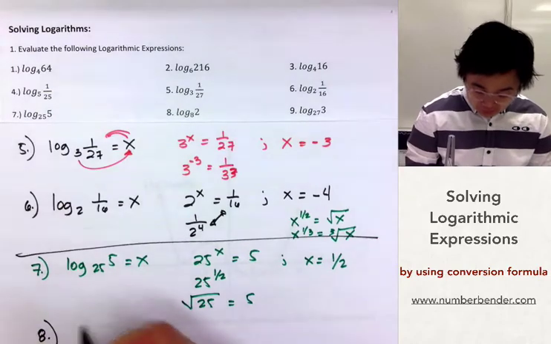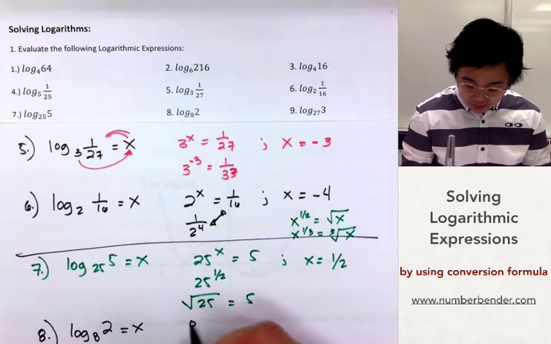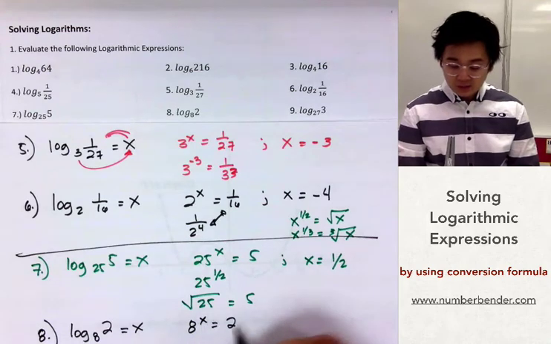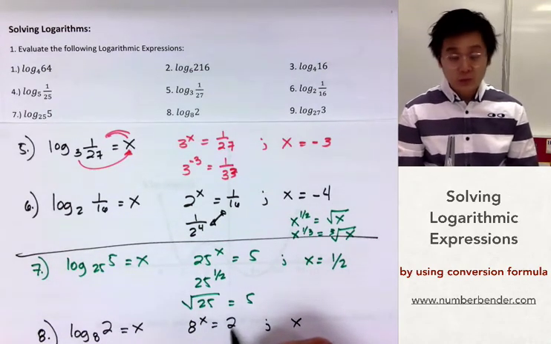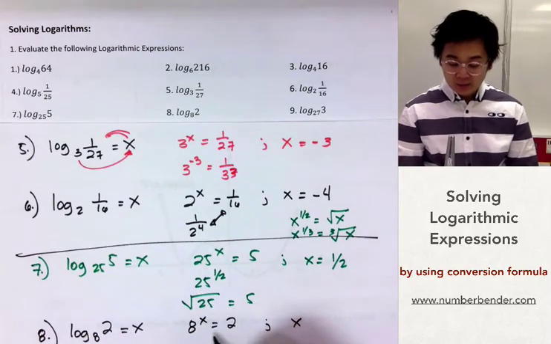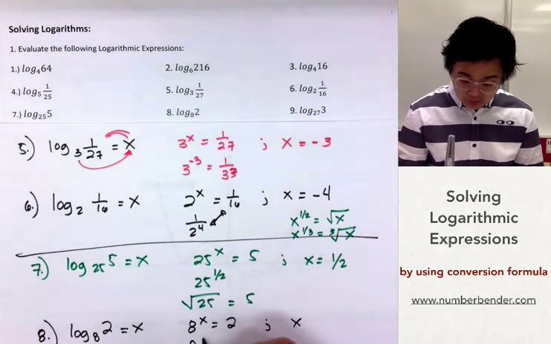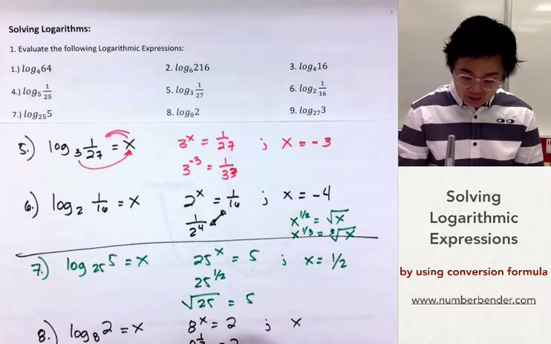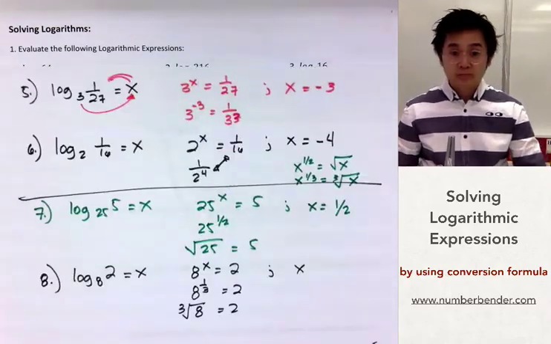And we have log of 2 base 8 equated to x, so we can have 8 raised to x equal to 2. Bigger number raised to x equal to 2. We know that if we raise 2 to 3, it will equal 8. And since we are looking for a fractional exponent, it will most likely be 1 over 3 for it to be equal to 2, because the cube root of 8 is equal to 2.